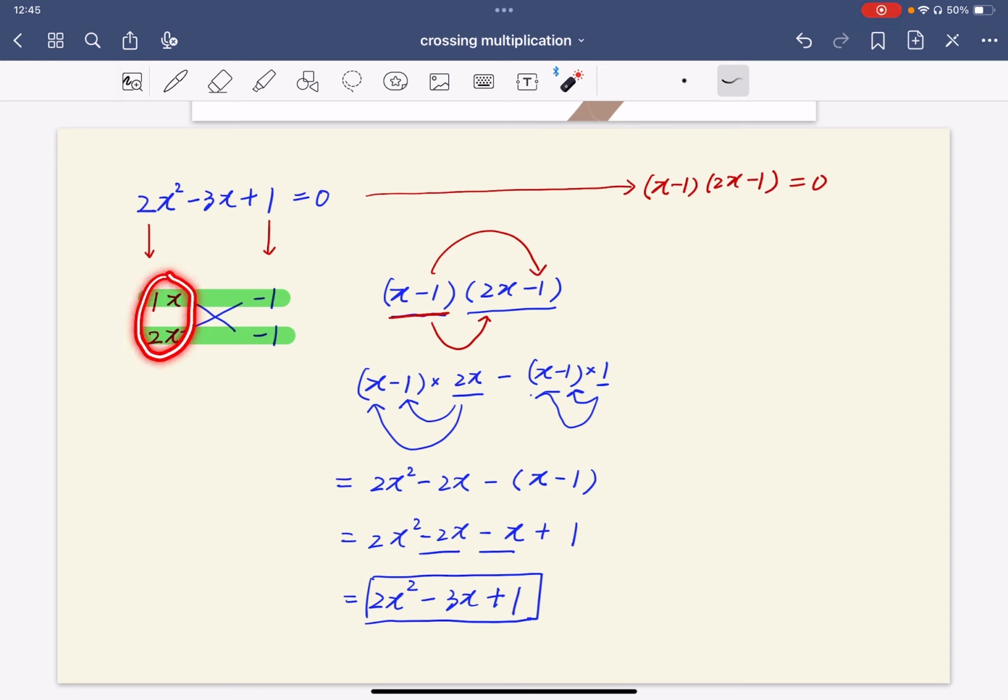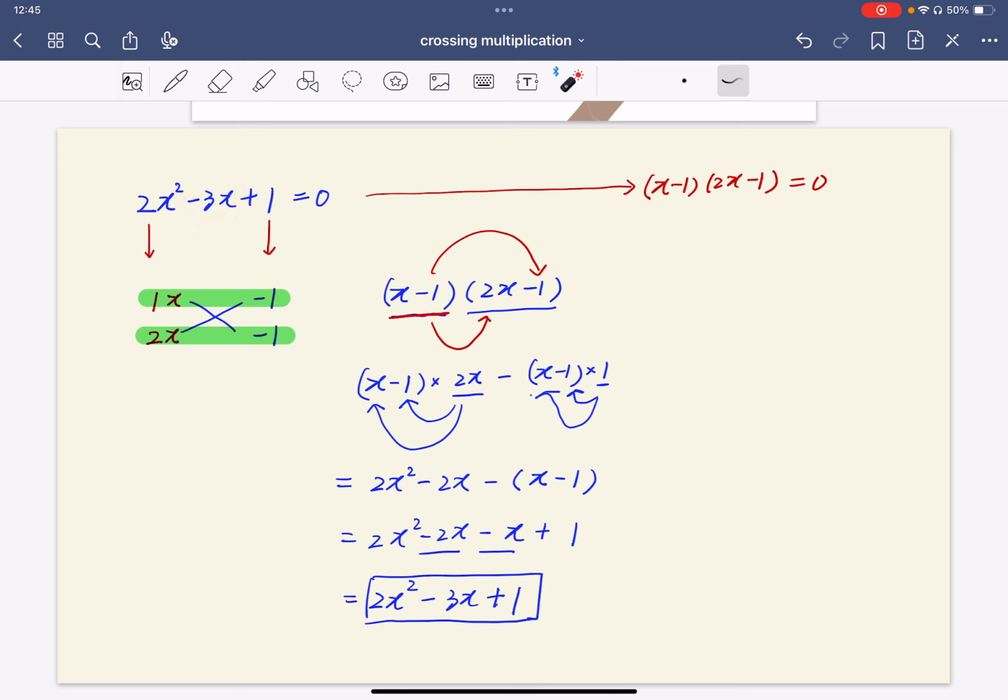The product is this term. After crossing multiplication, the sum is this term.